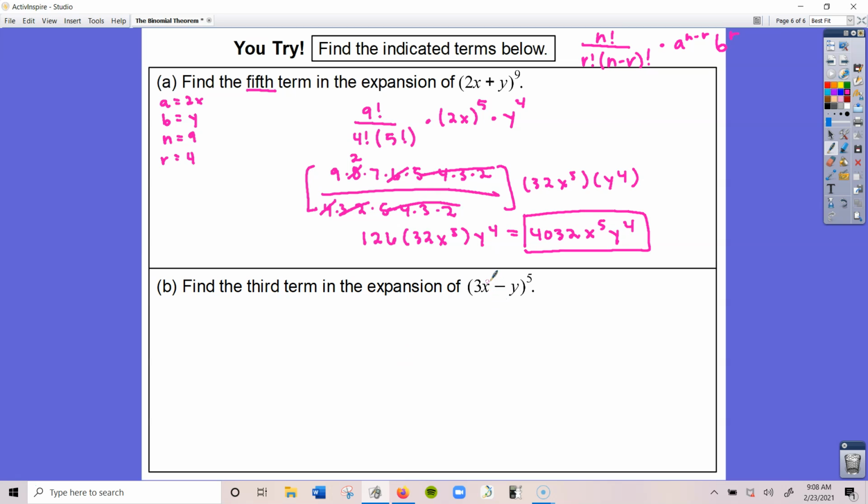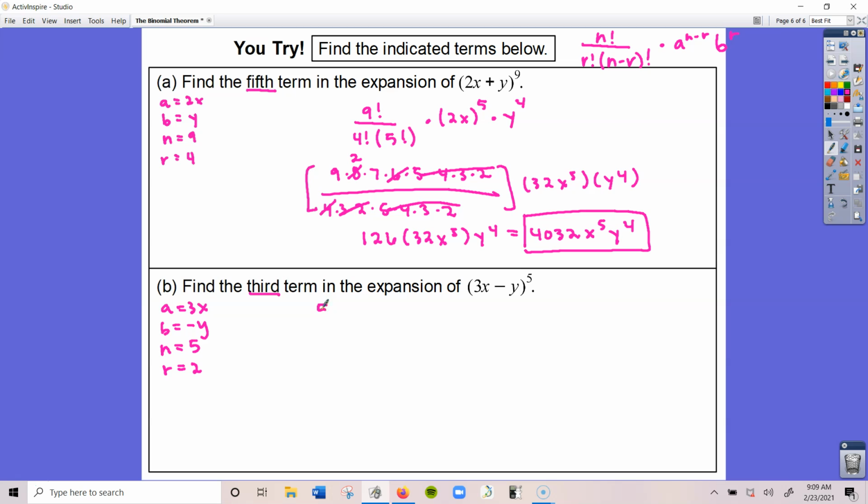Last one here, we have 3x minus y raised to the fifth. Again, I'm going to label. My a is 3x. B is negative y. N is the degree, so 5. And r is the term I'm looking for, minus 1, so 2. So now let's plug everything into the formula.